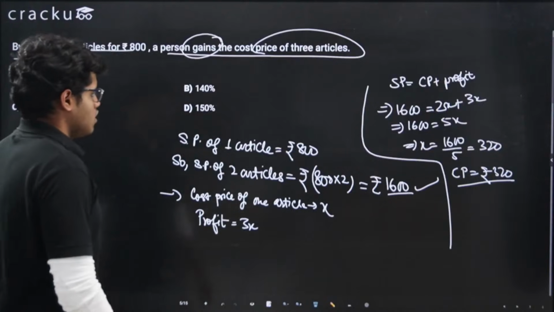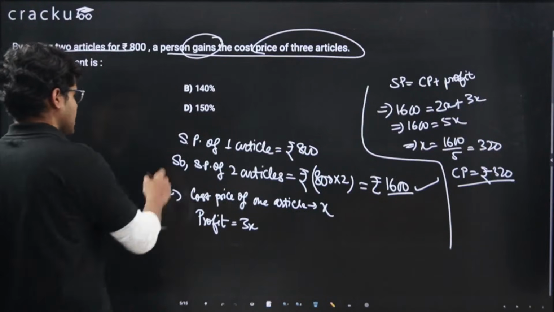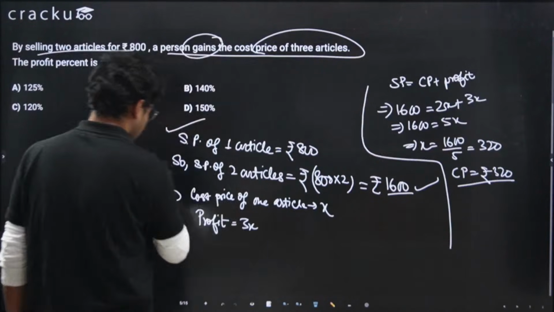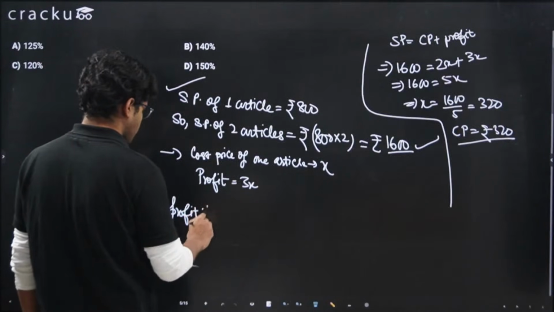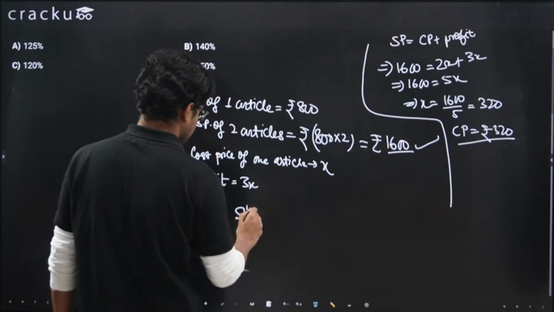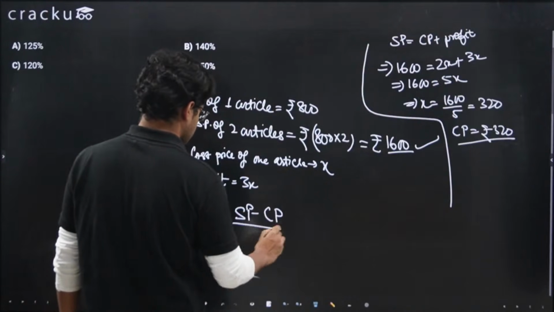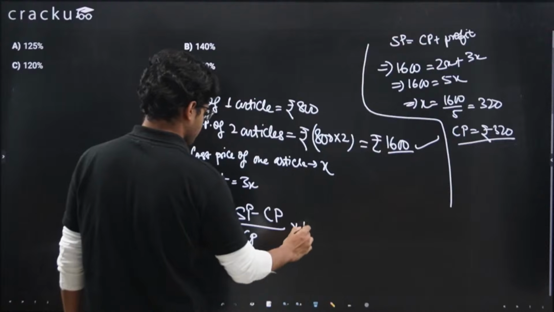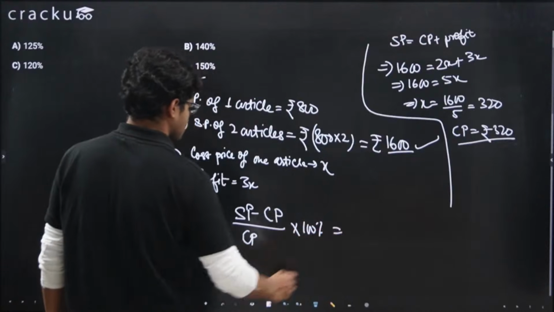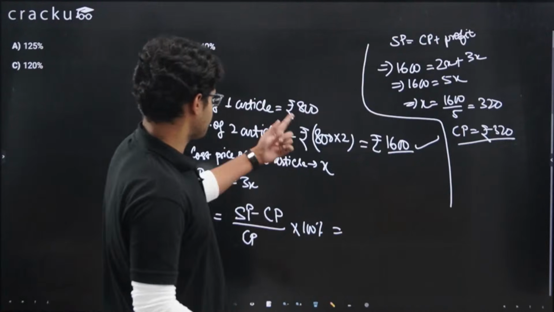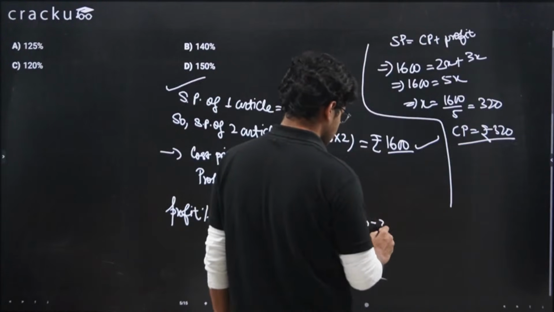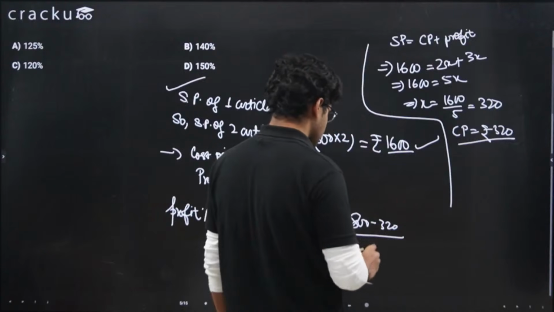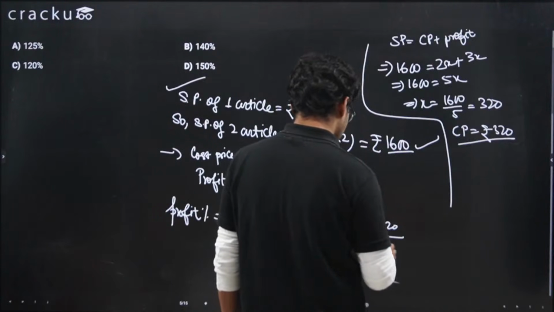Now cost price is rupees 320. Selling price of 1 article is 800. So what is the profit percentage? Profit percentage is selling price minus cost price upon cost price into 100%. So it is 800 minus 320 upon 320 into 100.